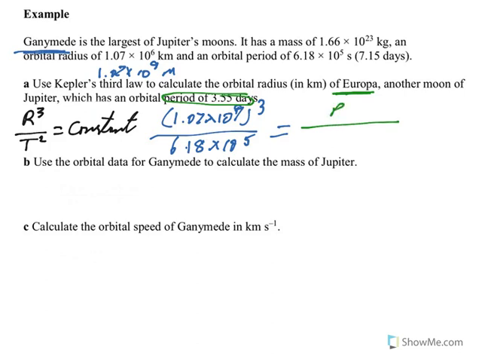And so that's r cubed over its period. Now I've forgotten to square this bit here. That's bad. So its period is 3.55 days times 24 hours times 60 minutes times 60 seconds, and that's squared.